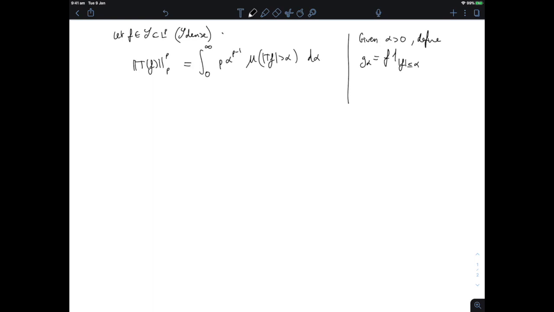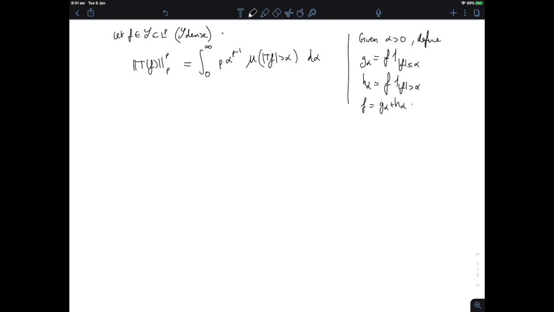I keep using probabilistic notation because this is really helpful in making the notation gentler or more condensed. What I mean by that, of course, is the set of all omega such that |f(omega)| is less or equal than alpha. And h_alpha will be where f is large, right? So f is obviously equal to g_alpha plus h_alpha.